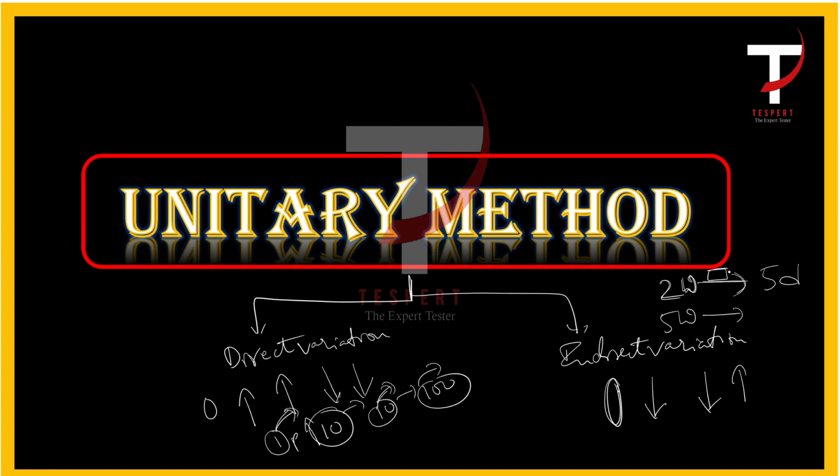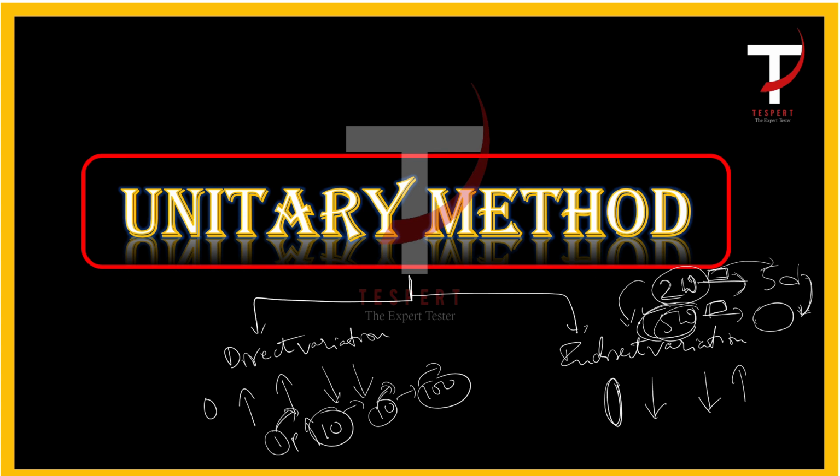These two workers take 5 days. For the same construction, how many days are required for 5 workers? From 2 to 5 the number of workers is increasing, so the time will be decreased. The required time will automatically get reduced.